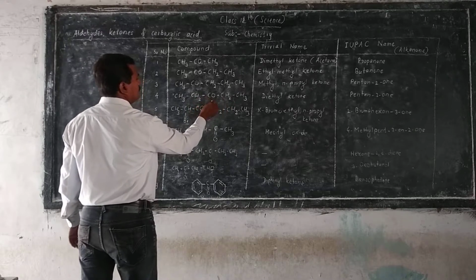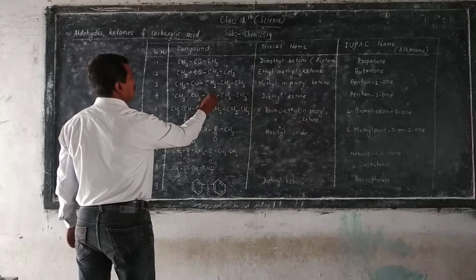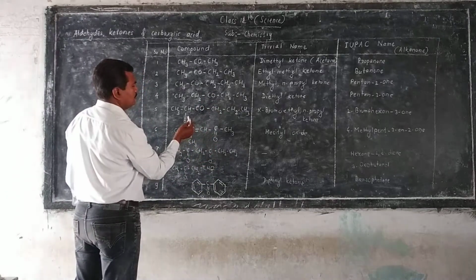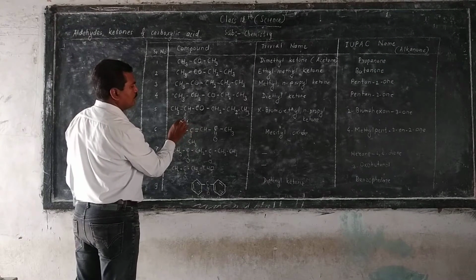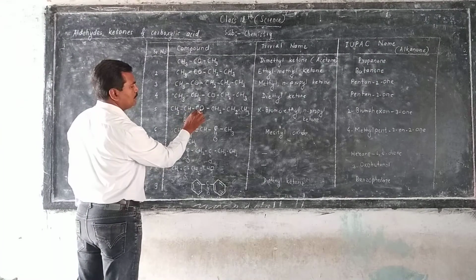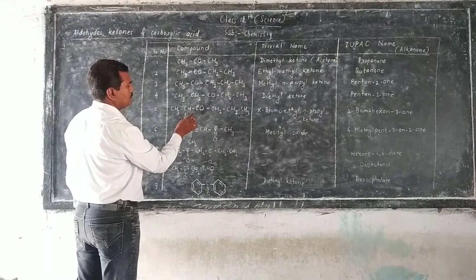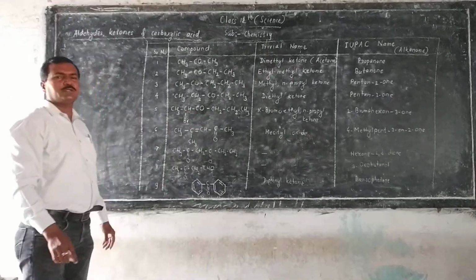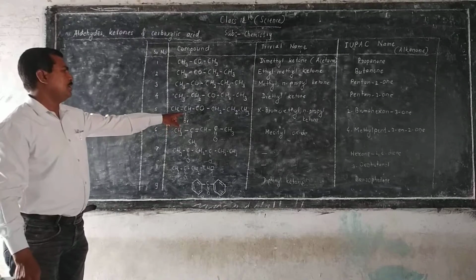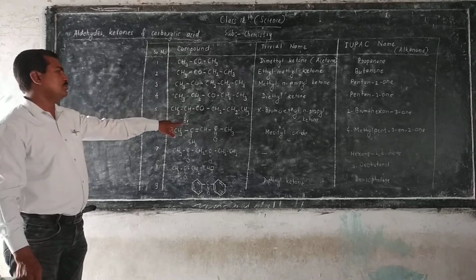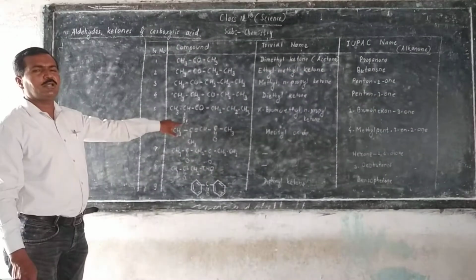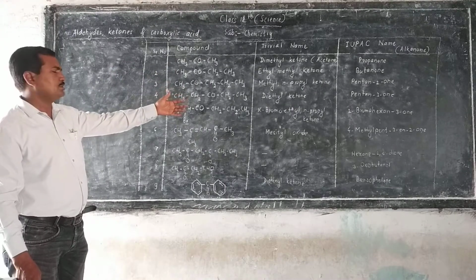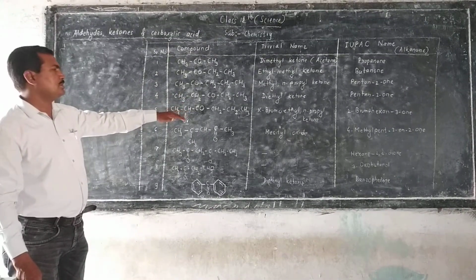Then in the fourth structure, two ethyl groups are attached to this carbonyl carbon atom, so diethyl ketone. Then in this structure bromine is attached to this carbon atom, and here the CO group is the functional group. The carbon atom present after the functional group is known as alpha, and if any group is attached to that carbon, its position can be written as alpha, and for any further substituent, its position can be written as beta.